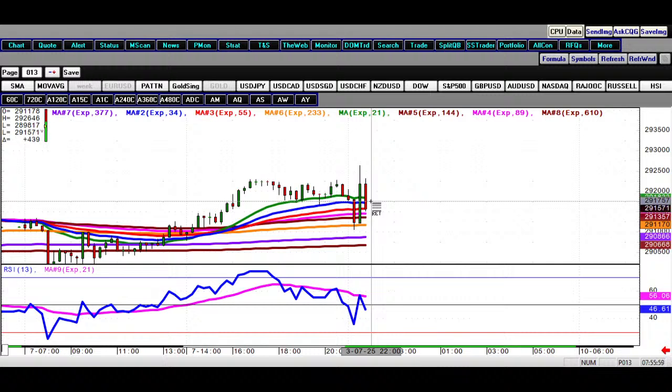So again, maybe 14 half should be a good level to exit. So maybe I want to change it to 14 half, and I'm giving 4 more minutes for that price to be reached.